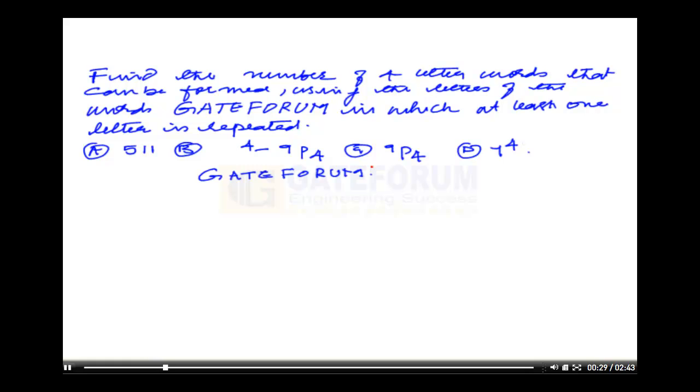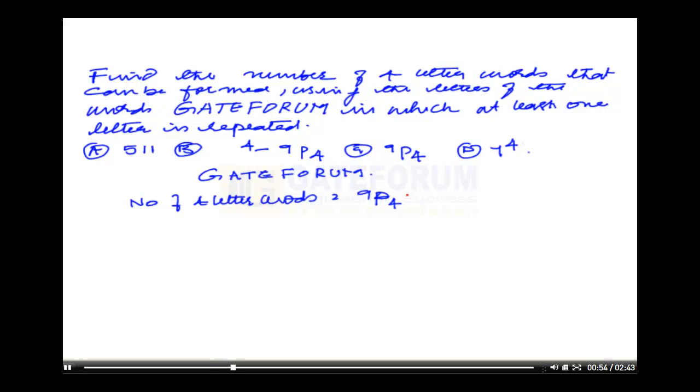That can be calculated here: the number of 4-letter words is equivalent to 9P4. This will give you all possible 4-letter words in which no letter is repeated.